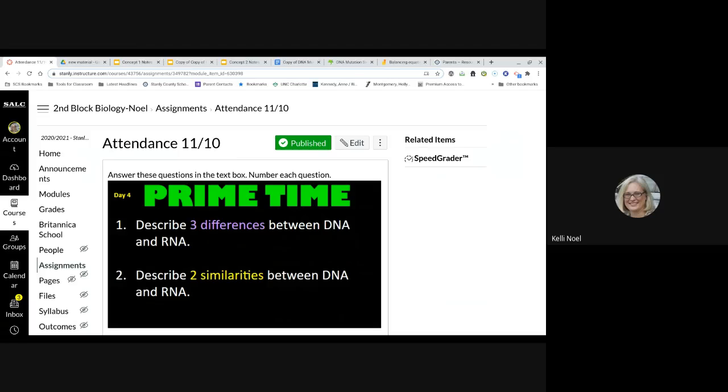And when we talked about the nucleotide, they're both made up of the monomer, which is a nucleotide. So 1, you're listing the differences, and 2, here's the similarities. Once you get those typed and submitted, then I'm going to have something for you.